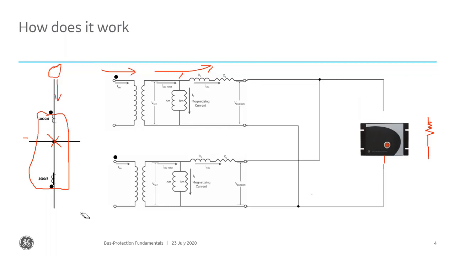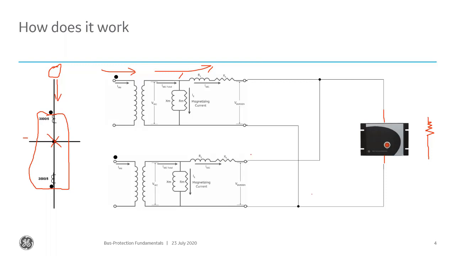Oh, my currents look more like that. If that's the case, let me draw this back in. So now I've got current flowing into here. There's no source here, so there's no current flowing out there. I've got current flowing into the CT, and it flows in here.